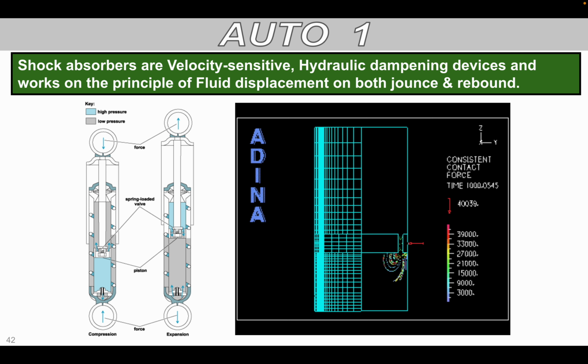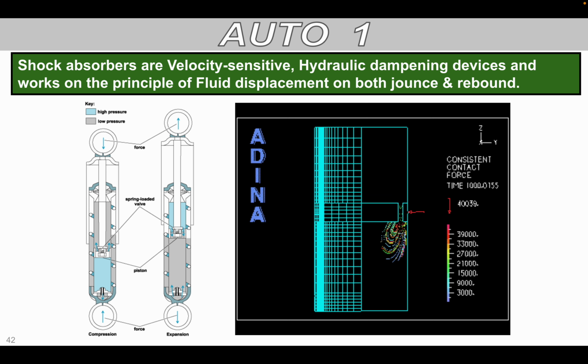Now that's beyond our capability, but understand that this fluid displacement back and forth is also going to generate heat. Over a period of time, the seals that hold this hydraulic fluid in are going to break, are going to crack, it's going to leak.